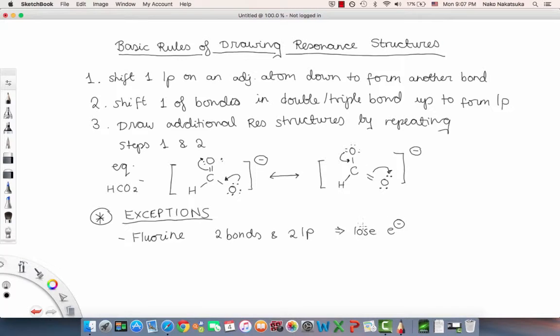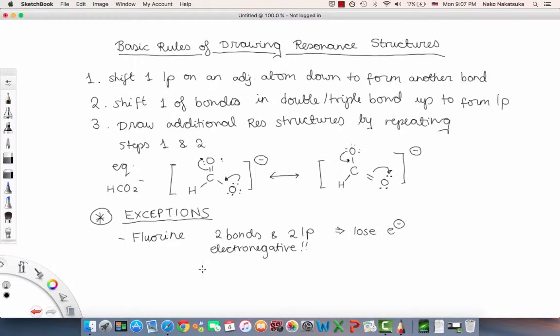If you remember the electronegativity trends on your periodic table, fluorine is the most electronegative element. Thus, it would very much not like to lose an electron, so this is very unlikely to happen. So fluorine does not participate in resonance.